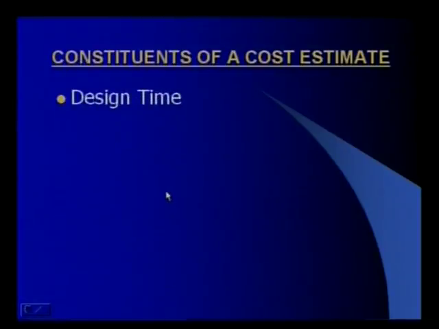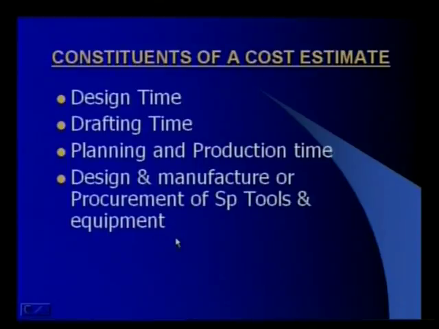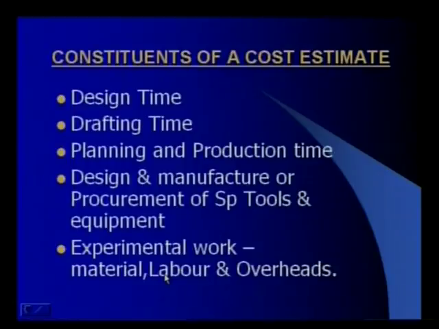Okay. Next, constituents of the estimates. There are design time and drafting time, then planning and production time, then designing and manufacturing of specialized tools and equipment, and experimental work. Let us see the designing time. Designing time is the time required for the preparation of the drawings of that particular product.